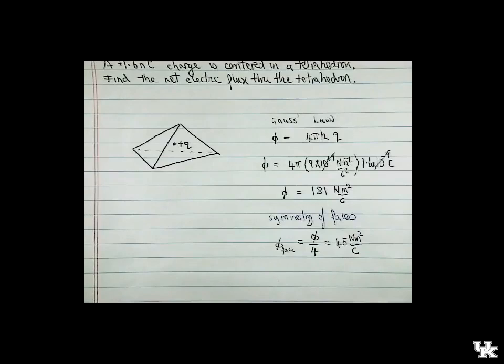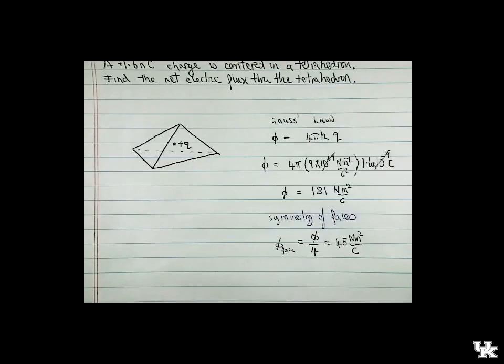If the charge hadn't been at the center, so suppose the charge was off-center, how would this problem change? The net flux, the total flux through the entire tetrahedron, would be exactly the same. There'd be no difference. But if the charge wasn't at the center, we wouldn't have been able to answer.